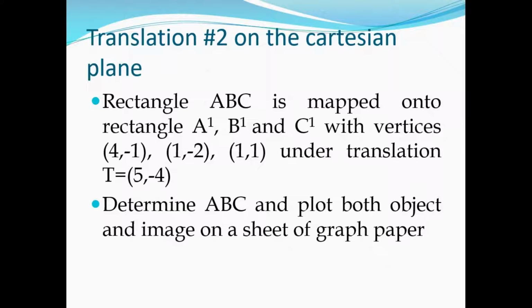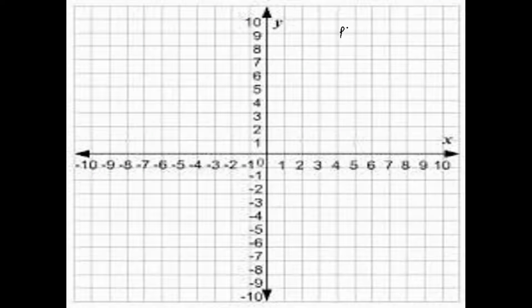Alright, so let's use our graph and say B inverse minus the transformation matrix is equal to the object formula. Alright, so let's look for our image. Our image was A, B, B inverse.